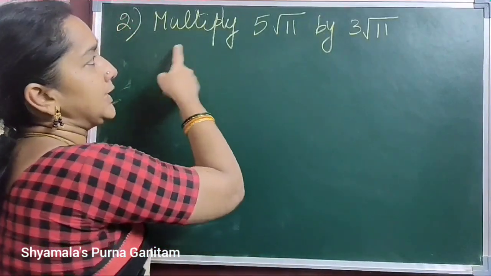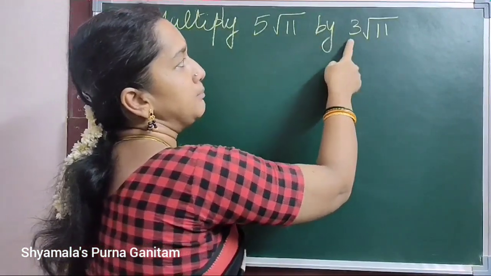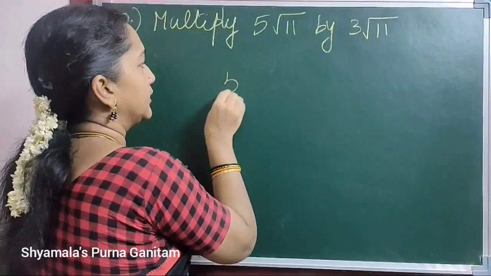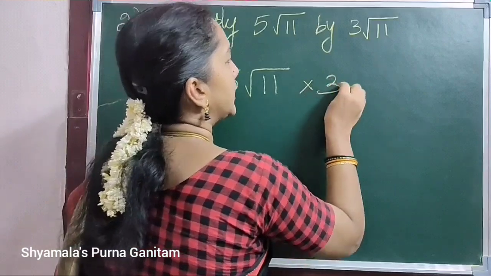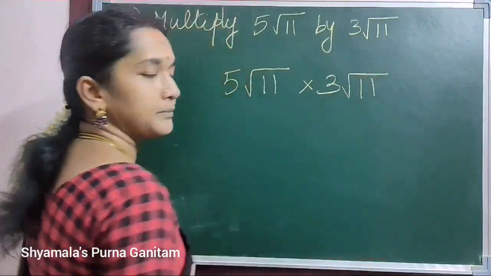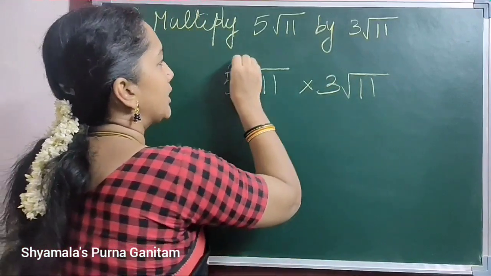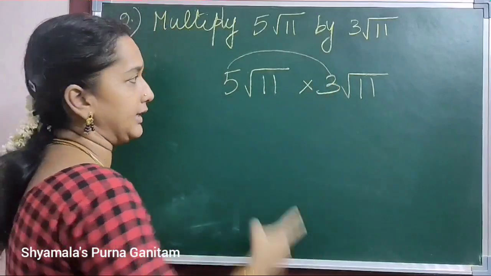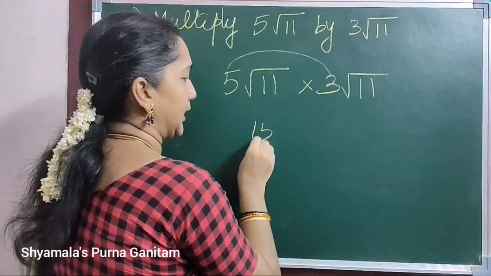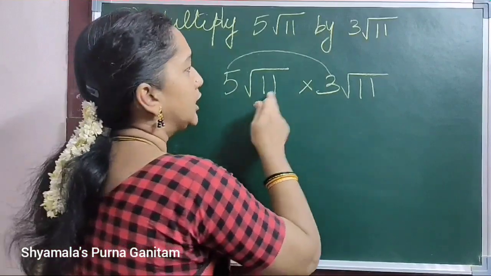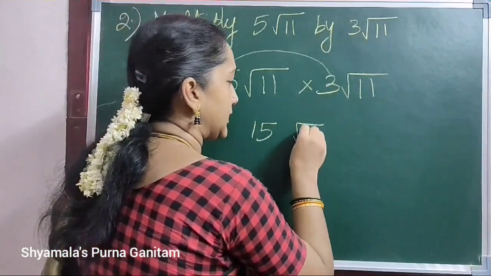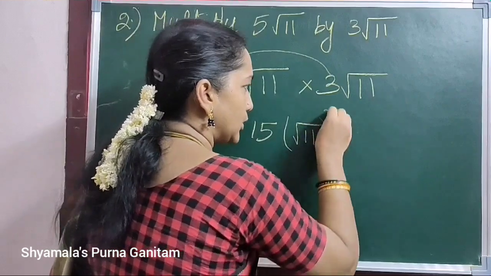Second sum: multiply 5 root 11 by 3 root 11. So 5 root 11 into 3 root 11. Now you multiply the whole numbers separately. 5 into 3 is 15, simple sum only. Root 11 into root 11 is root 11 the whole square.